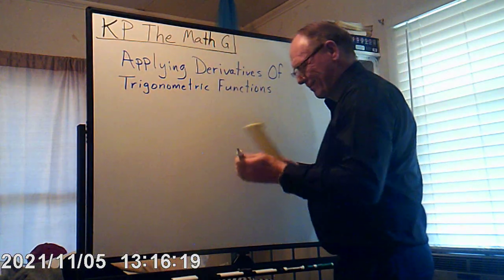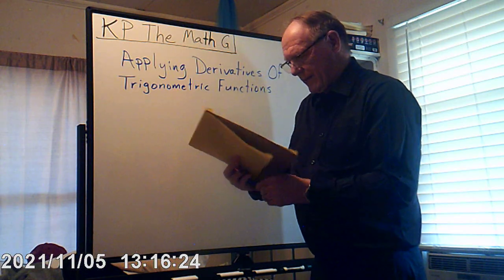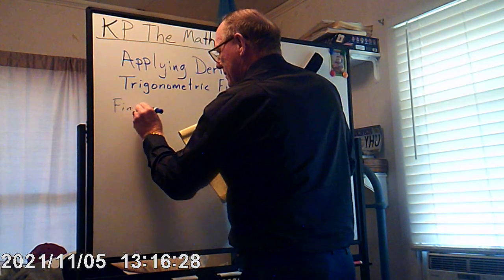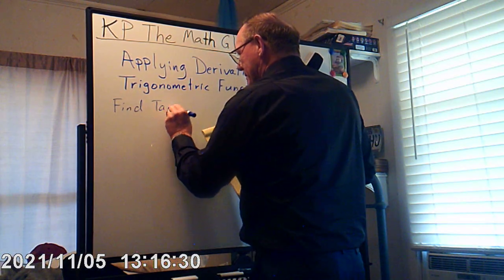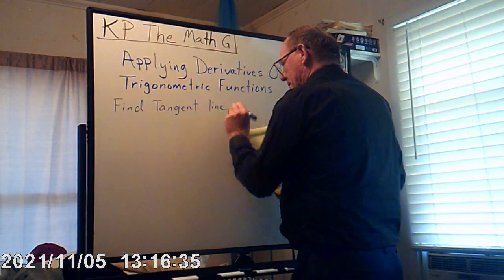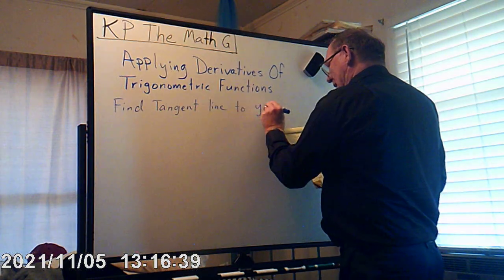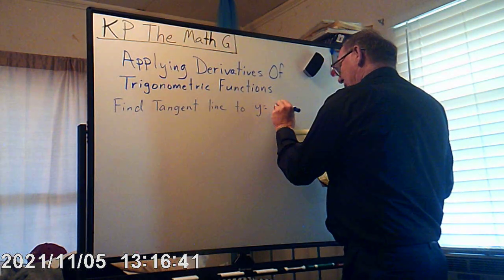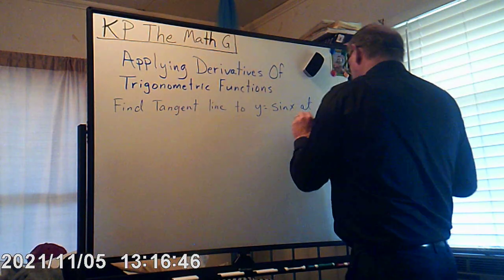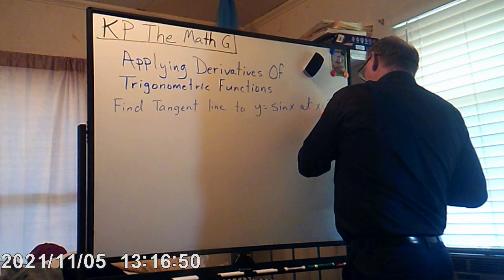Alright, that does it. Let's try this one right here. It says, I want to find the tangent line. 2y is equal to sine x at x equals 2 pi over 3.